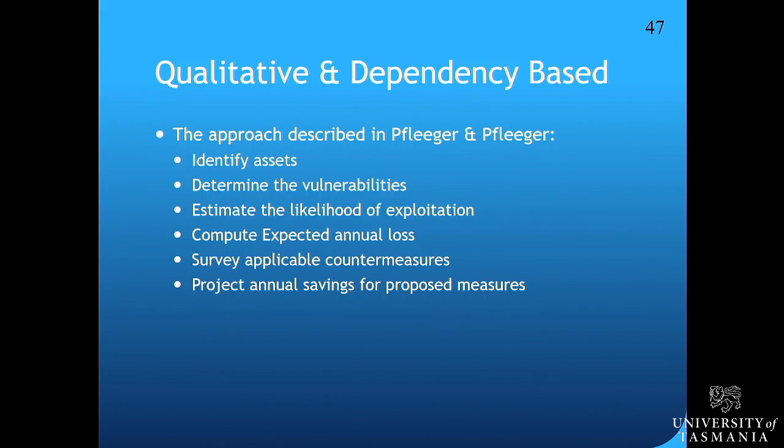Bring in the accountants. What's the loss if that server doesn't work? What's the loss if some other service isn't being delivered? Look at the applicable countermeasures and then look at what money we can save by deploying those countermeasures. So this one's very, very cost-driven after we first establish the threats.